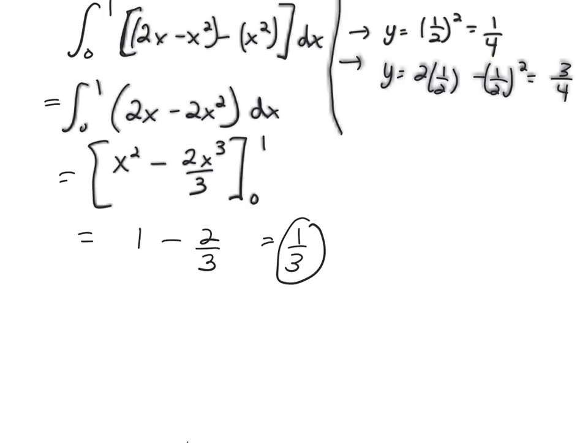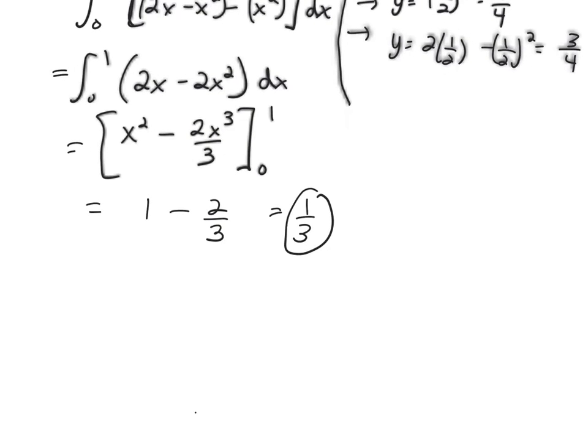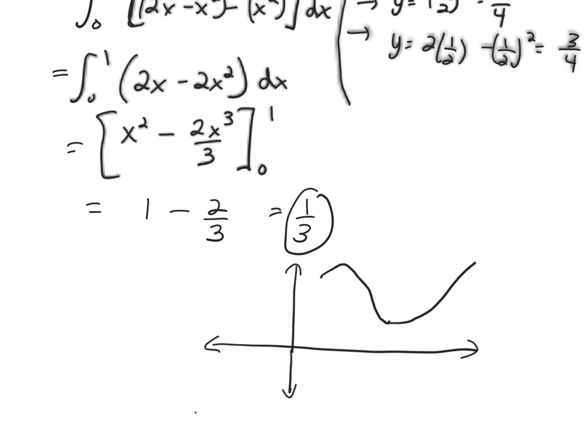There we go. Maybe up a little bit here. So let's say my graph looks like this, and then I'm going to have a function f of x that does something like this.